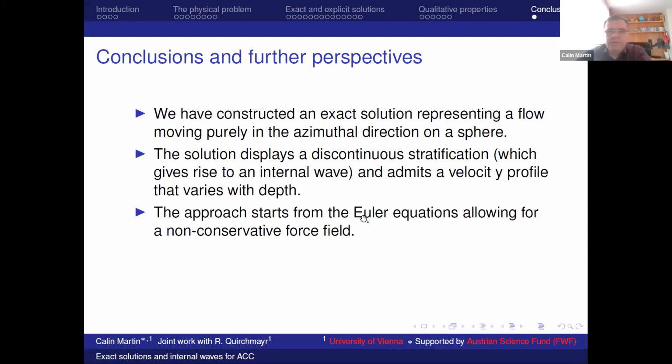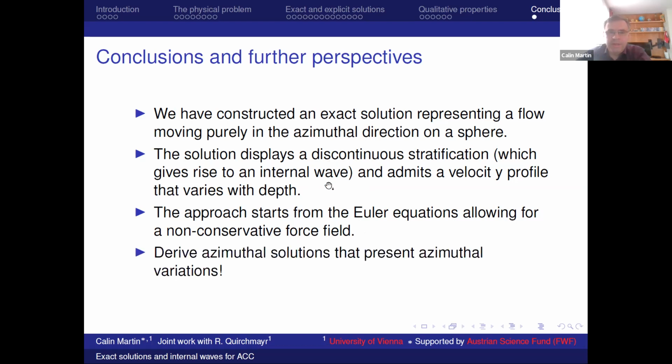We used an approach that starts from the Euler equations, allowing for a non-conservative force field. So these are a few aspects that were discussed, but many more aspects remain to be discovered. And one of these is, for instance, to derive azimuthal solutions that present azimuthal variations.